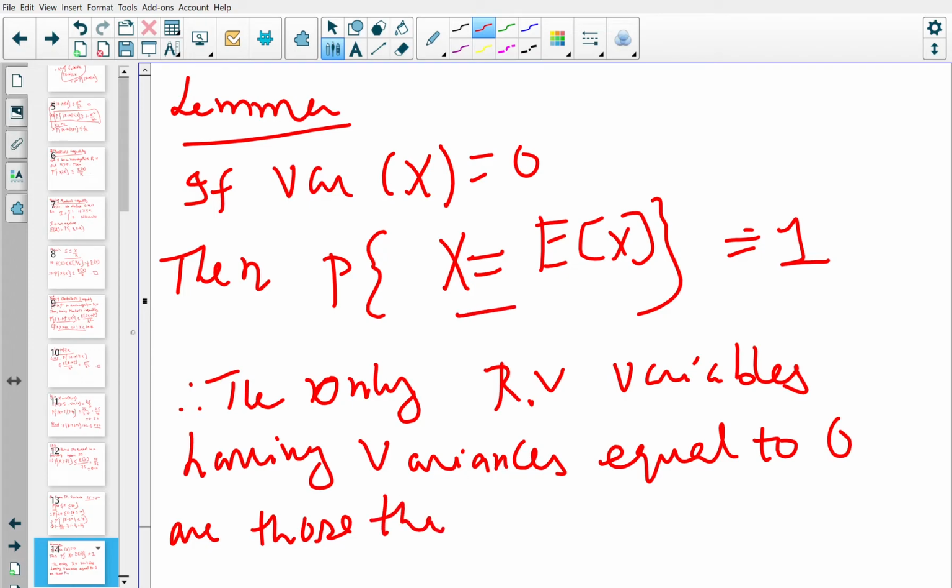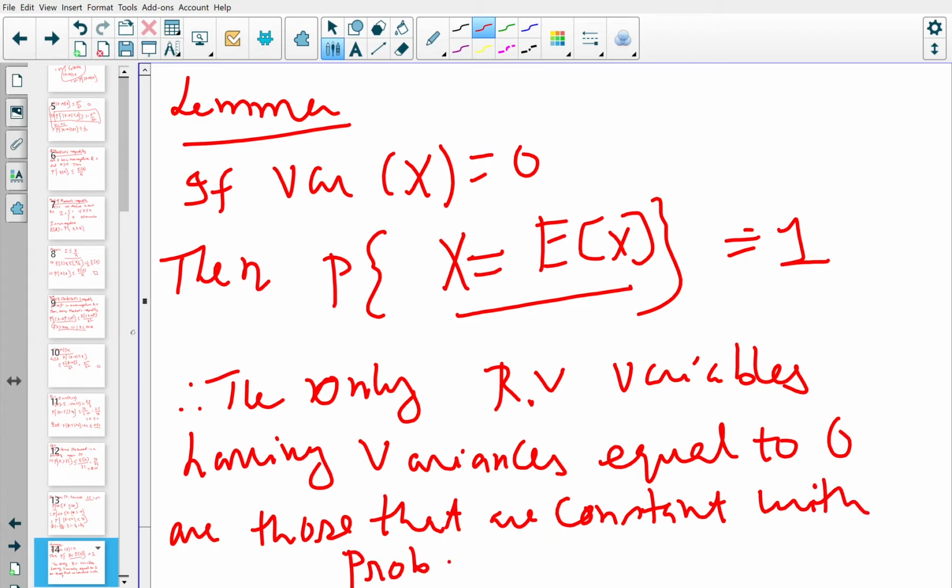Constant means they take the same value, that are constant with probability 1. So that means that if it is not constant, that probability is 0 actually.